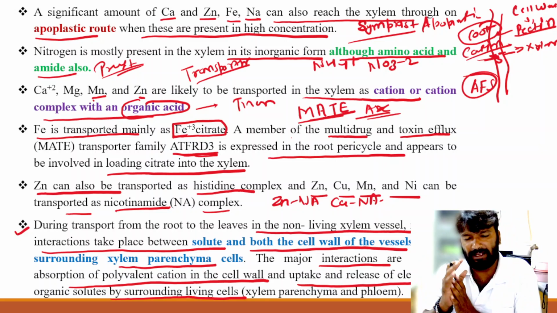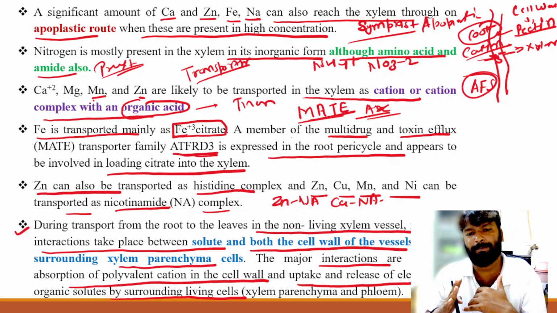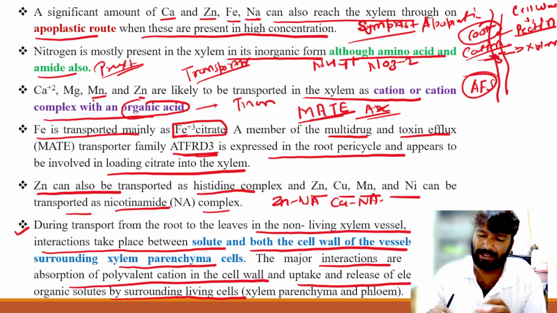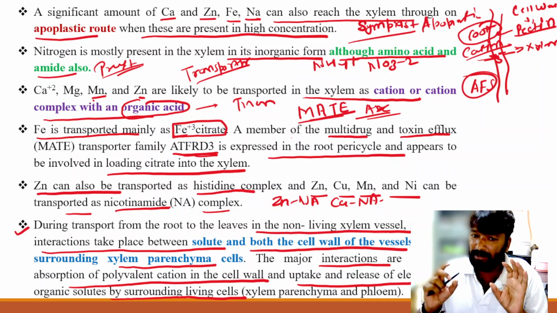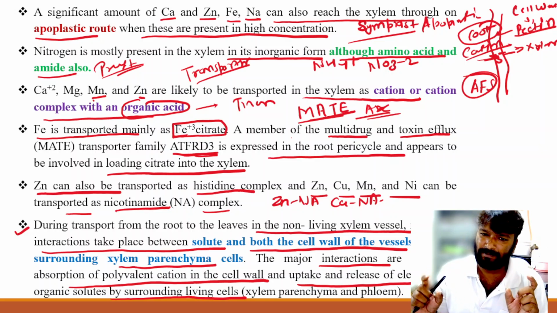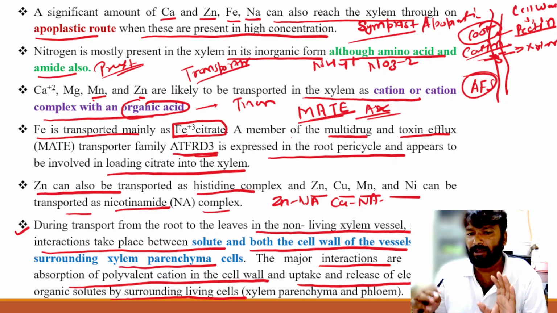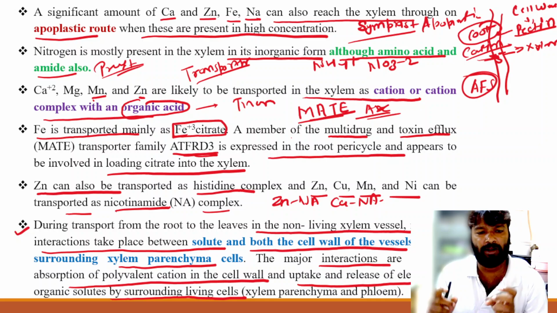First, if the concentration is low, there will be active transport. If the concentration is high, then there will be channels. Okay, and they can be transported in the form of ions and in the form of compounds with citrate, histidine or nicotianamine complexes, and some transporters are involved like MATE, AtFRD.